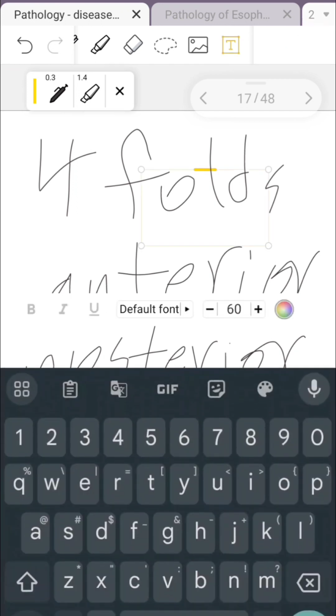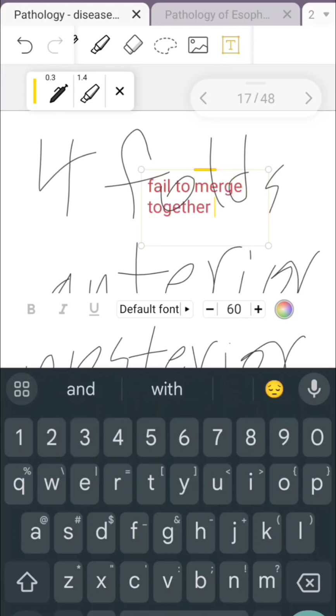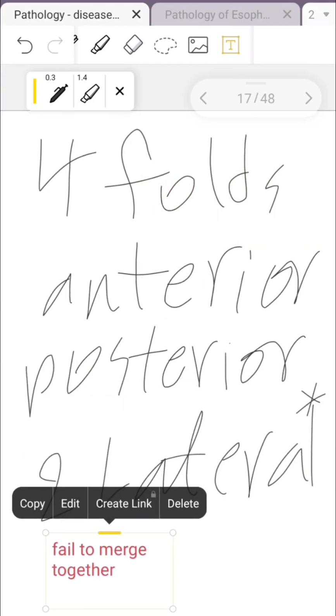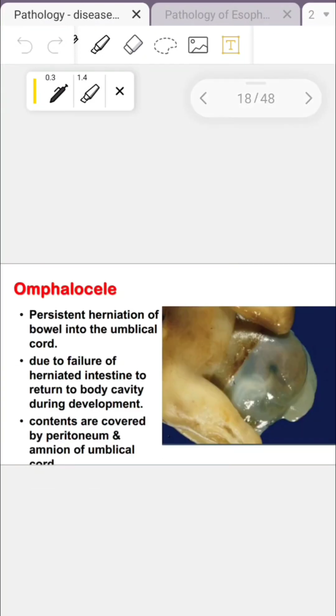Omphalocele. What is omphalo? Omphalo means umbilical cord, cele means sac. Here the bowel loops are seen outside but within a bubble-like sac.